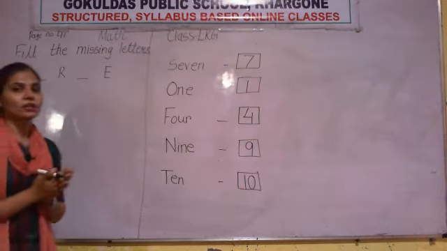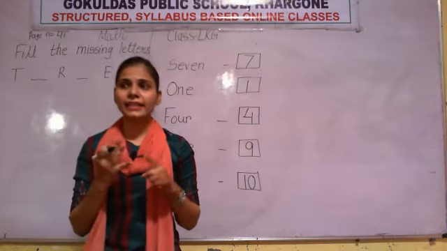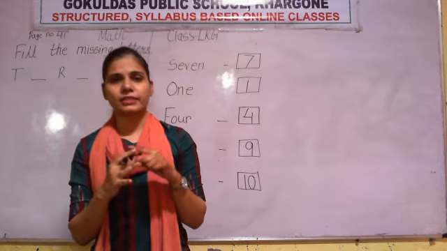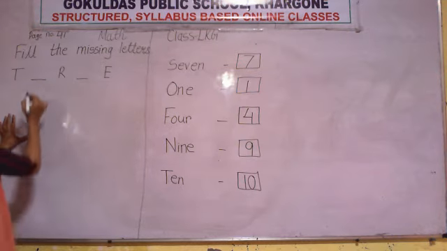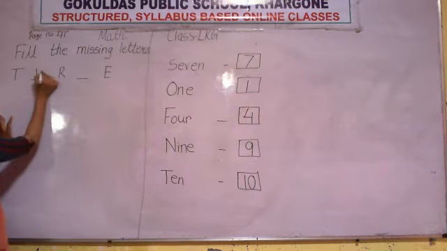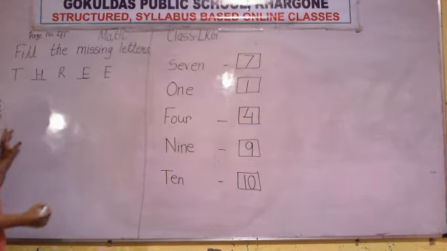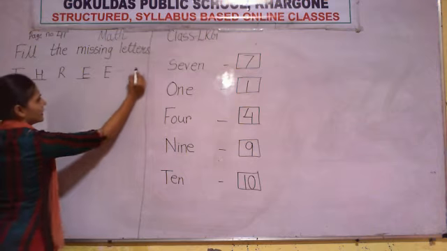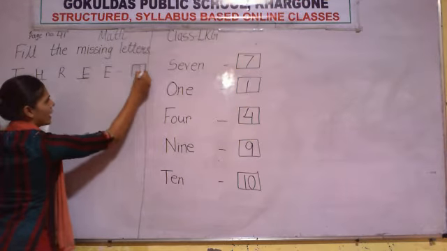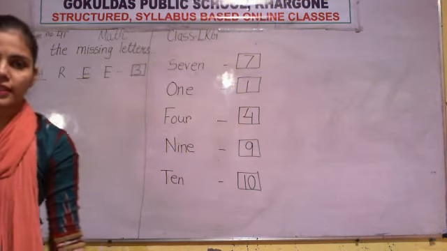What is the spelling of number 3? T-H-R-E-E, 3. So same you write here. T-H-R-E-E, 3. Okay, the name of number 3 is T-H-R-E-E.